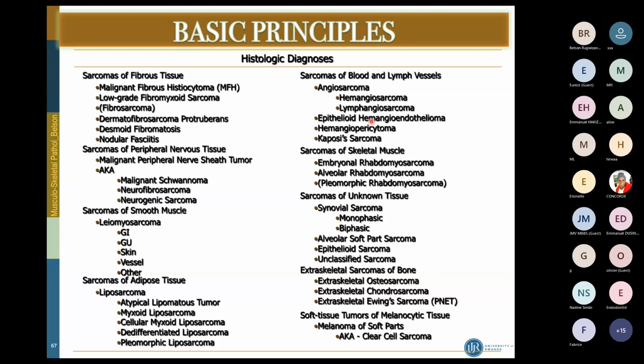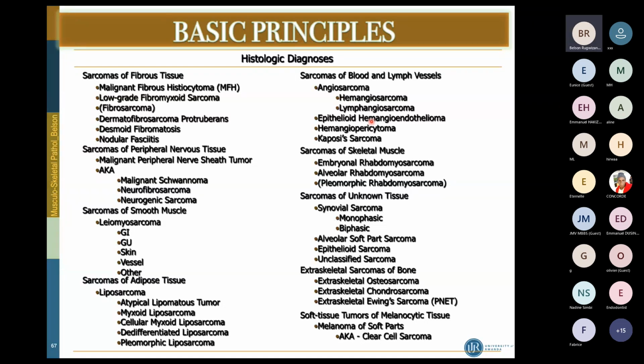Nowadays they are few. So the sarcomas of skeletal muscle, we call them rhabdomyosarcoma, and we have 3 types: embryonal, alveolar, and pleomorphic. We have also others: alveolar soft part sarcoma, epiphyseal sarcoma, and clear cell sarcoma, sometimes called melanoma of soft part.